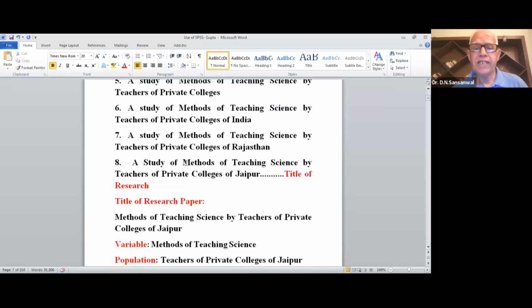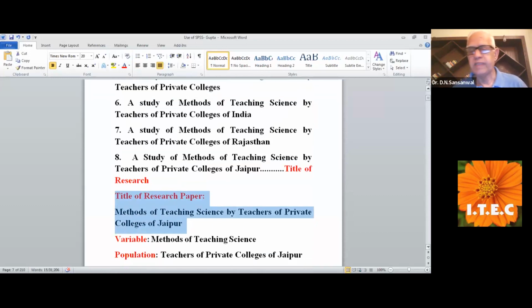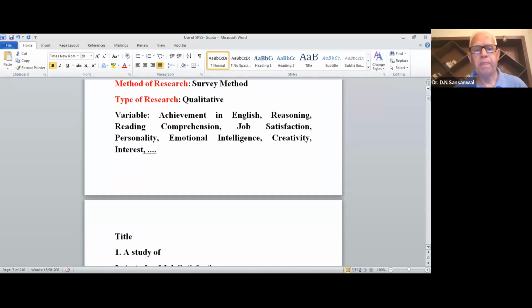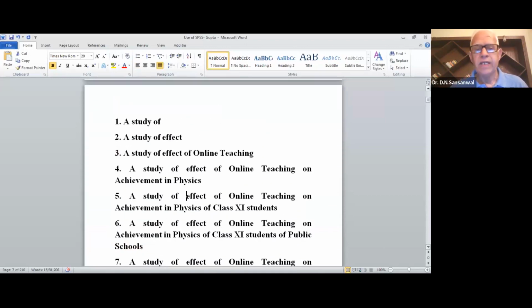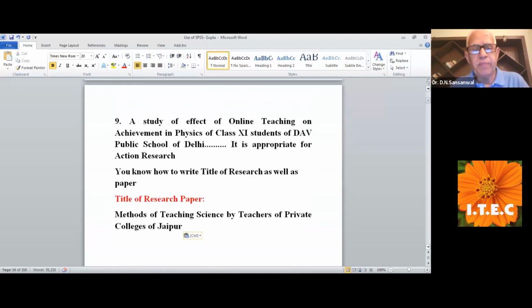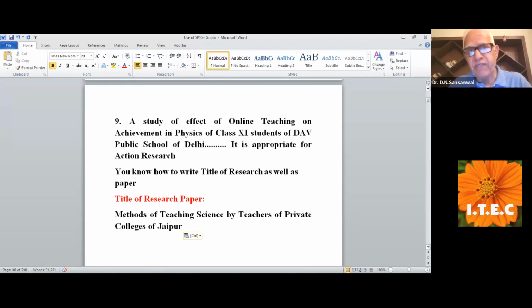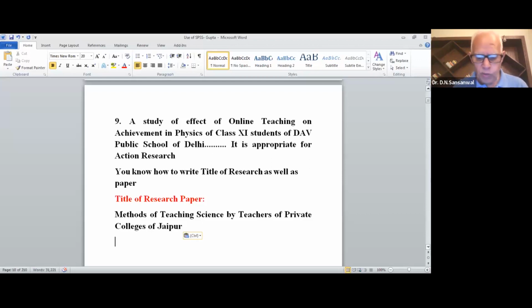So let us say you have this as the title of the paper. I'm taking the same, so that there is a continuity. Now you must write the objective. I will tell you the format of the paper a little later, but first try to understand the major aspect of it. So how to write objective?